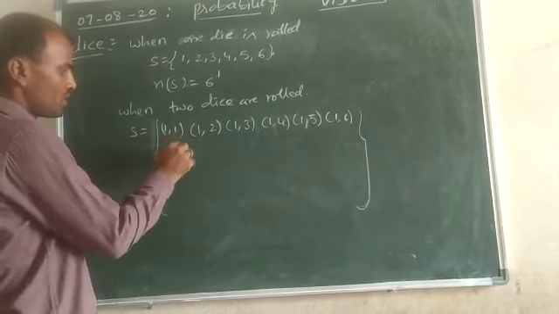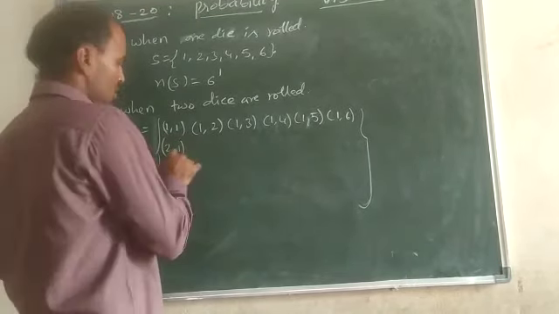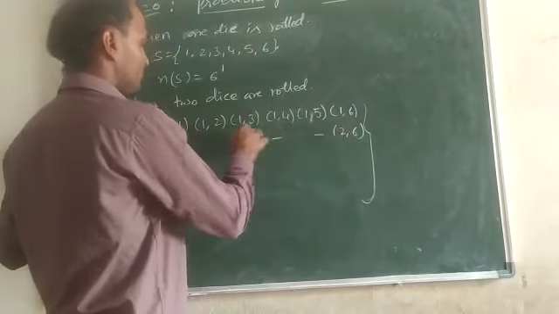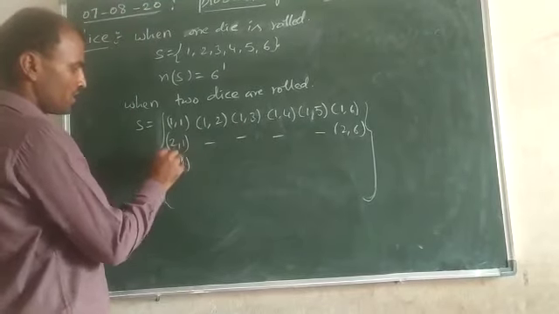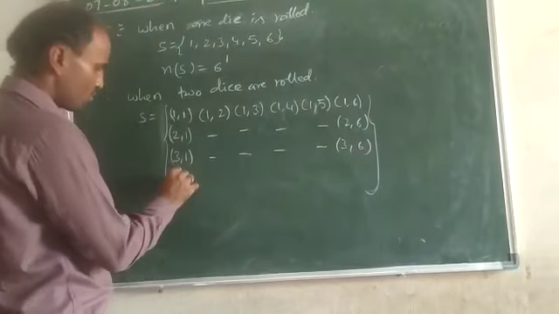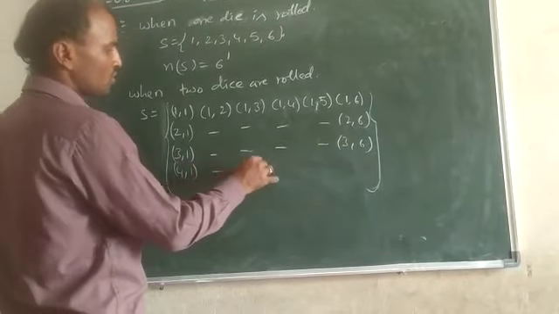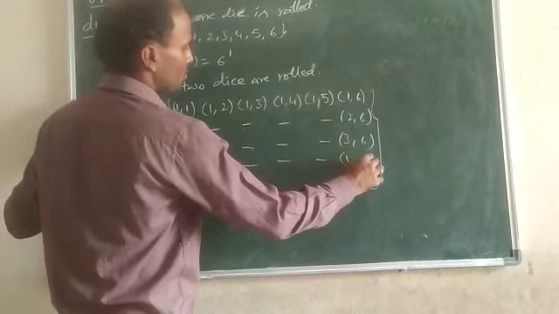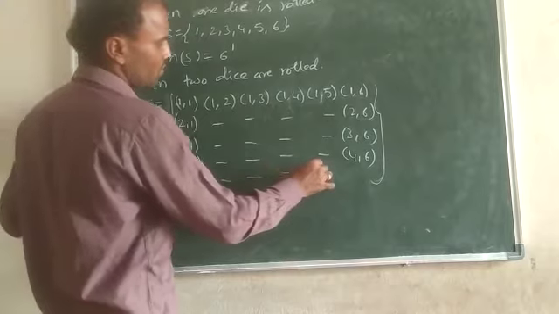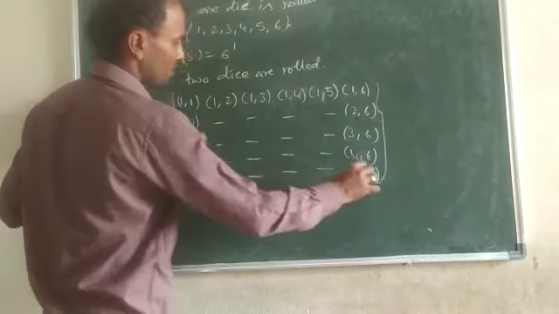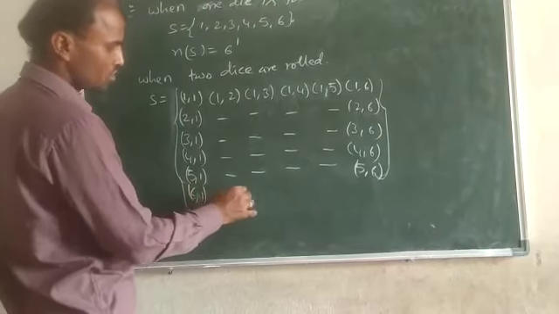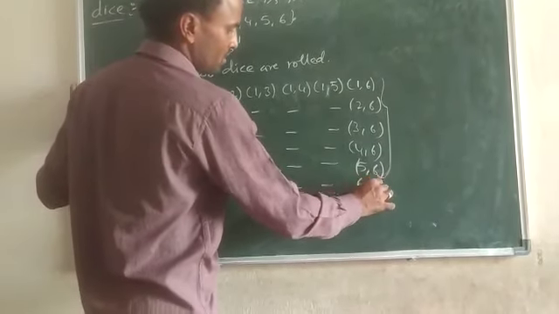Similarly, when first die shows 2: 2 1, 2 2, 2 3, 2 4, 2 5, 2 6. Next, 3 1, 3 2, 3 3, 3 4, 3 5, 3 6. Next, 4 1 through 4 6. Next, 5 1 through 5 6. Next, 6 1, 6 2, 6 3, 6 4, 6 5, 6 6.